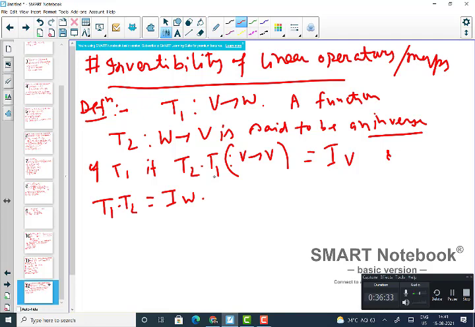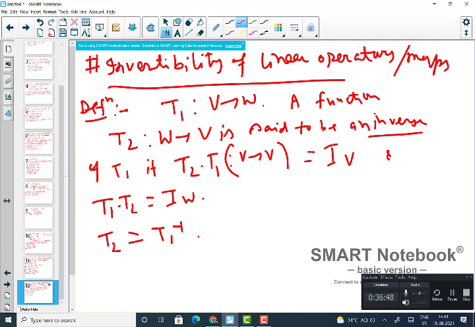You can prove that this is actually the inverse. If it exists, it is always unique. And in this case, we write T2 equal to T1 inverse. It's a simple definition.